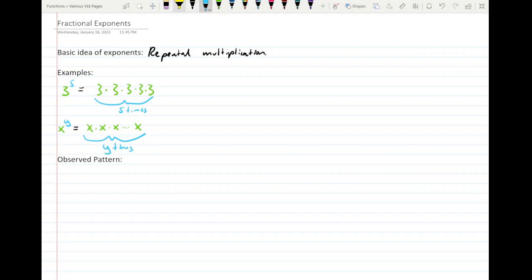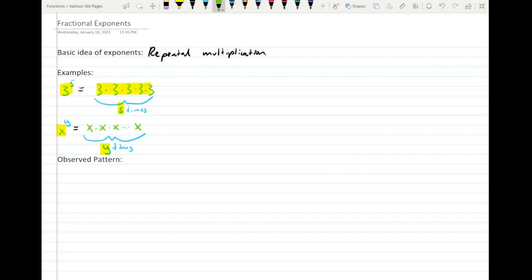So in this specific example, y was 5 and x was 3, and we were multiplying 3 by itself 5 times.